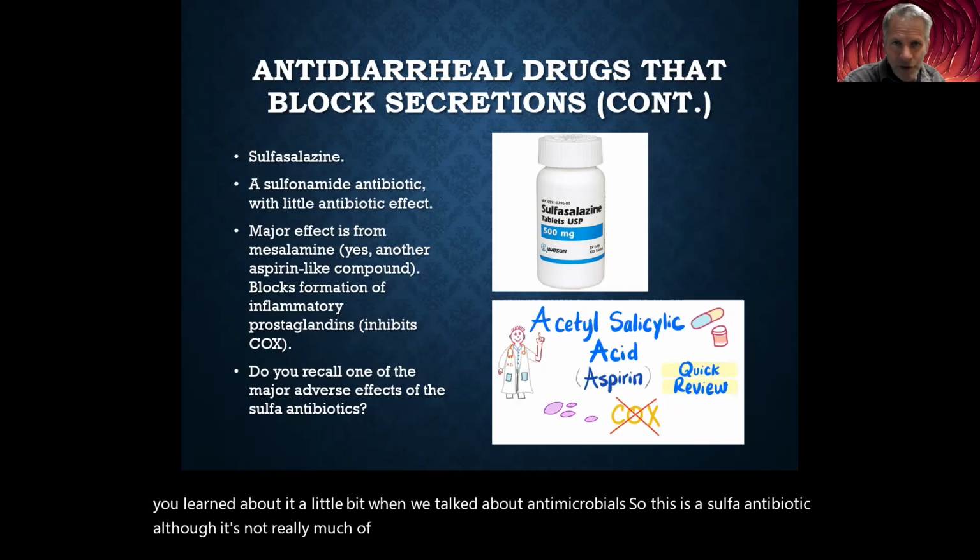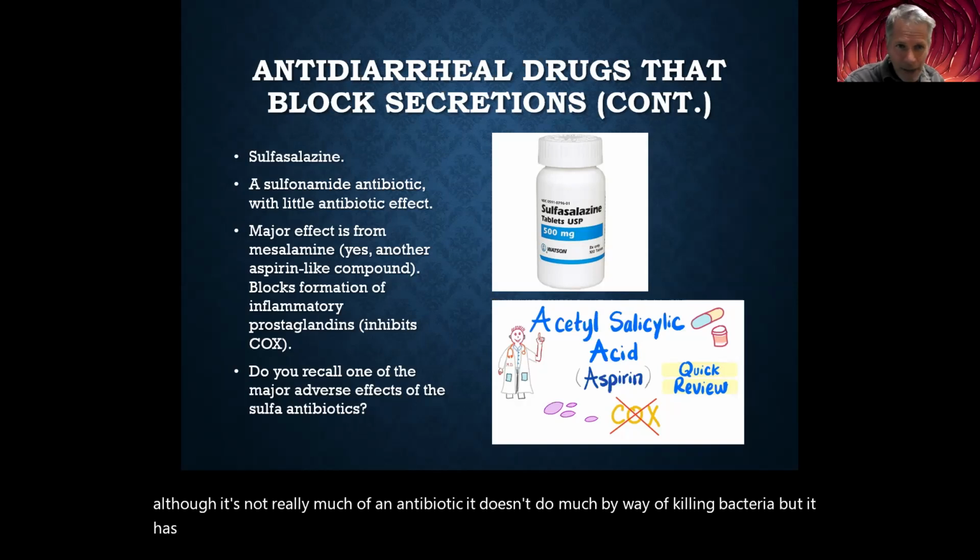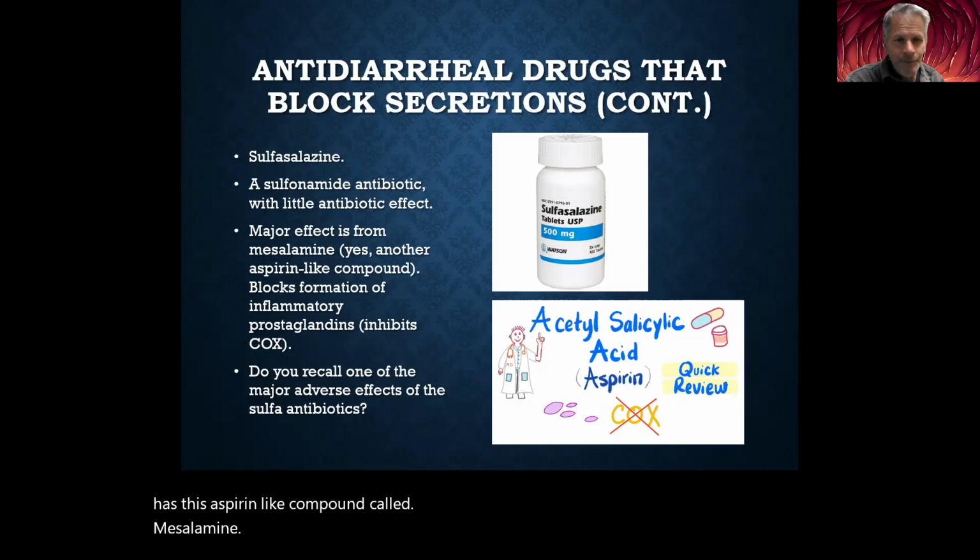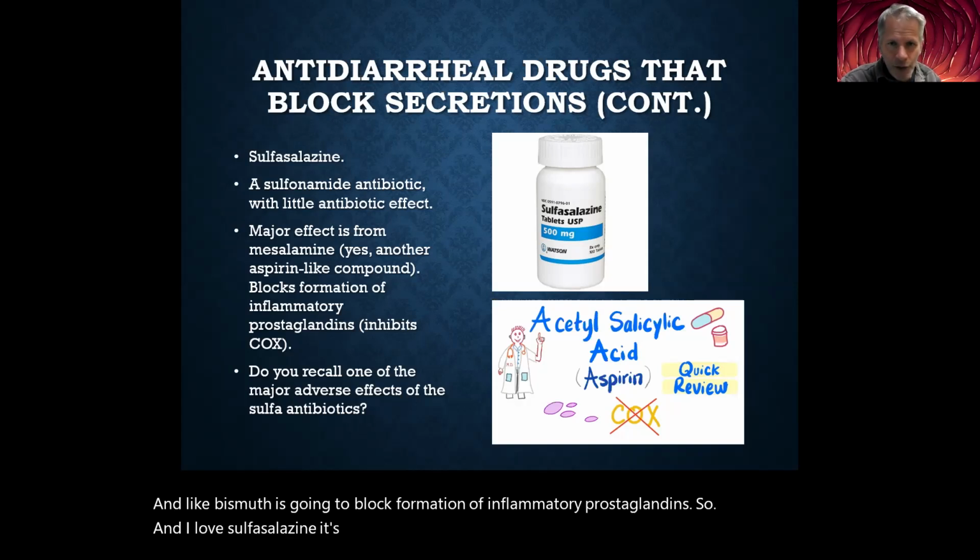It doesn't do much by way of killing bacteria, but it has this aspirin-like compound called mesalamine, and like bismuth, it's going to block formation of inflammatory prostaglandins. And I love sulfasalazine. It's a really helpful drug. In my experience, it's much safer than these sulfa antibiotics.